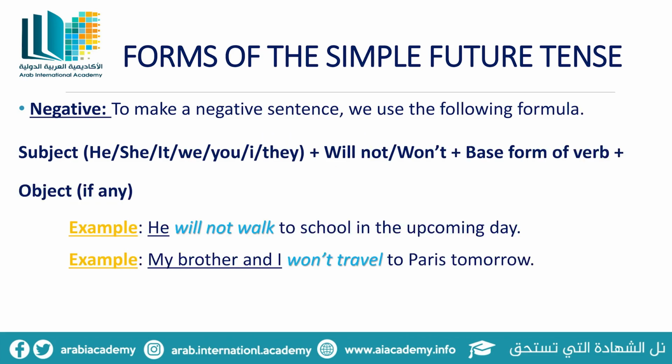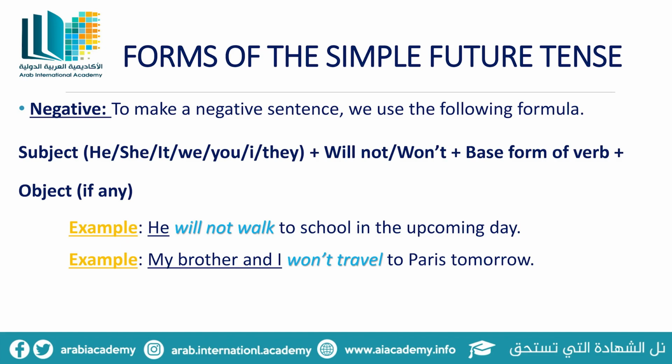Now, to write a negative sentence, we use the following formula in the simple future tense. If the subject is he, she, it, we, you, I, or they, we add not to the word will, plus the base form of the verb plus the object, if any.